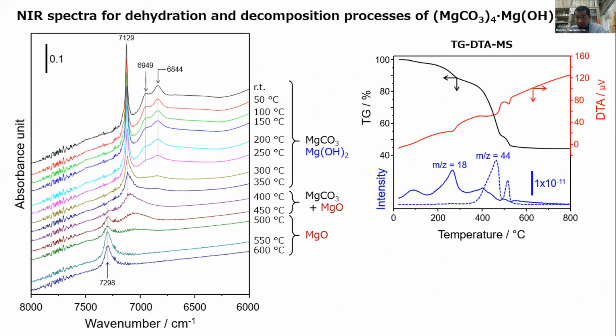This is the NIR spectra of magnesium carbonate and magnesium hydroxide. In this case, there is a crystallization water. This material contains crystallization water. So we can observe this band here. I think, but this material does not have surface hydroxyl groups here, because carbonate species totally covered the surface.